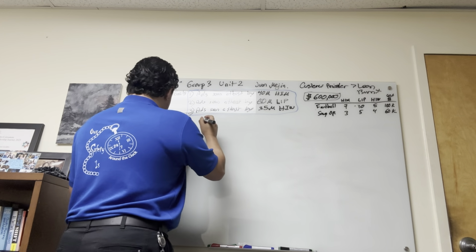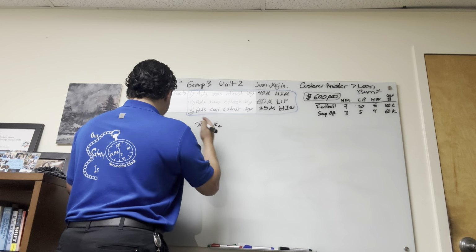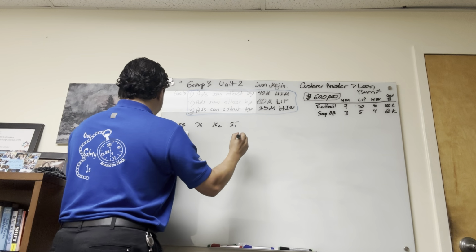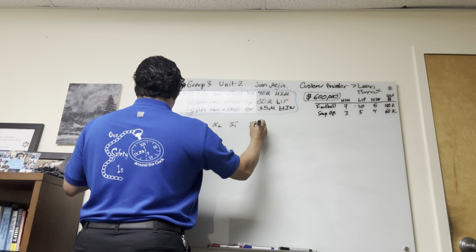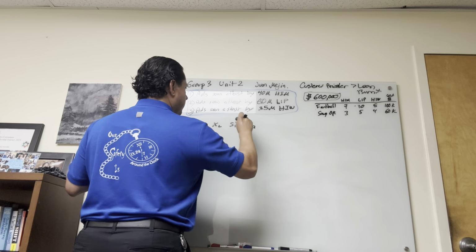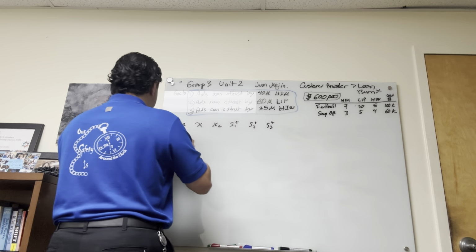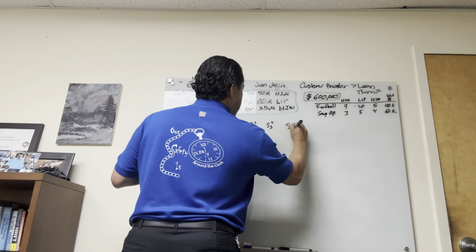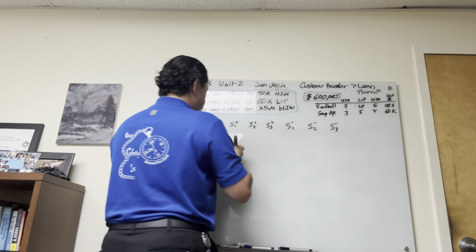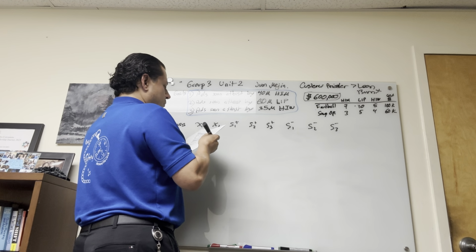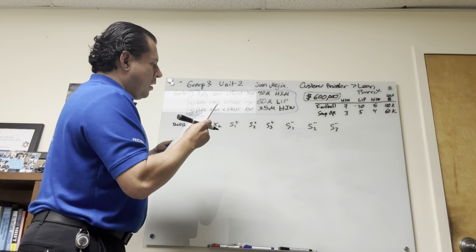We're going to have our basis, and then we're going to have x1, x2, x1 negative, S1 positive, S2 positive, S3 positive, and then our S1 negative, S2 negative, S3 negative.